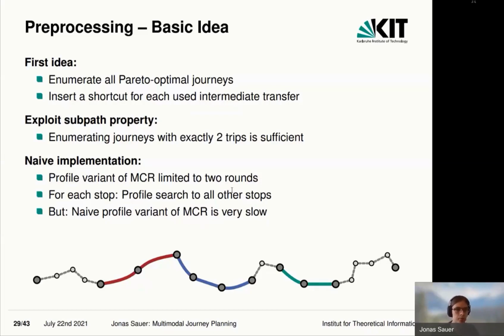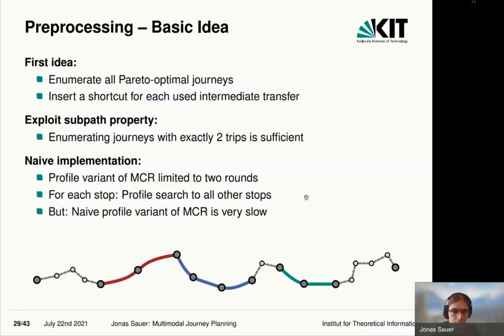So for Raptor, we looked at the R-Raptor algorithm, which solves profile queries for pure public transit. And we can do something similar for MCR. And so we do that for each source stop and perform profile searches to all other stops for all possible times of day.